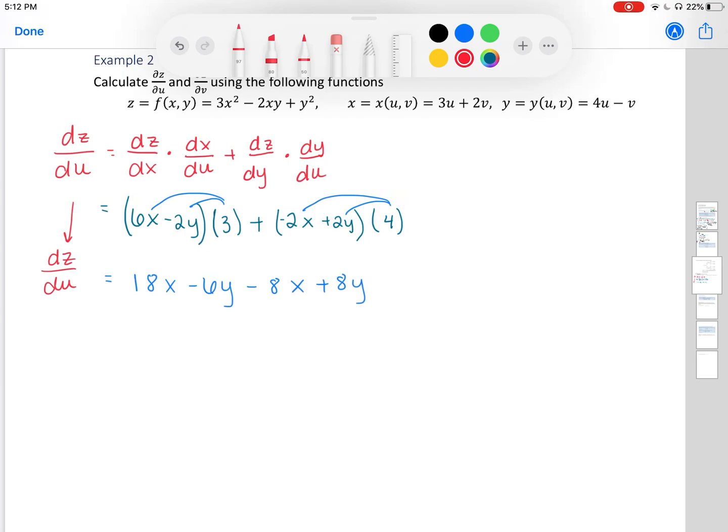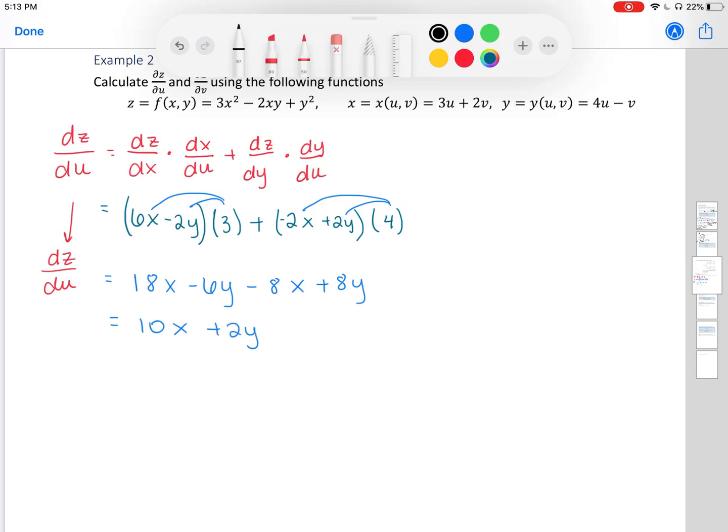We want our derivative in terms of u. So the last step is to plug in those x's and y's. Well, actually, we can clean it up a bit so it's less substitution. 18 plus 8x gives us 26x. 6 plus 8, we get plus 14y.